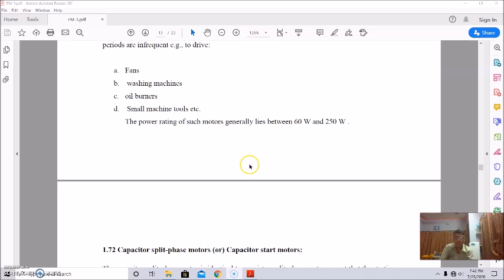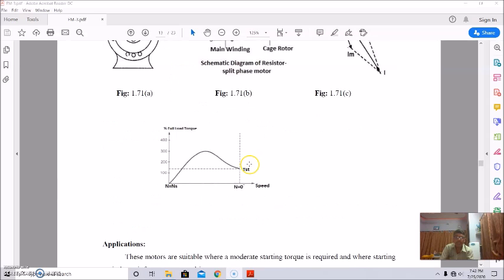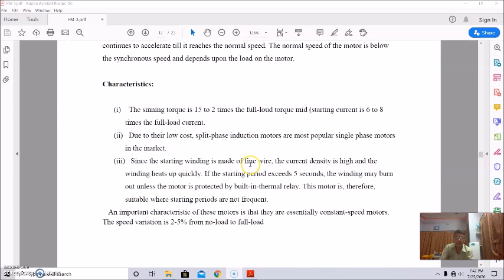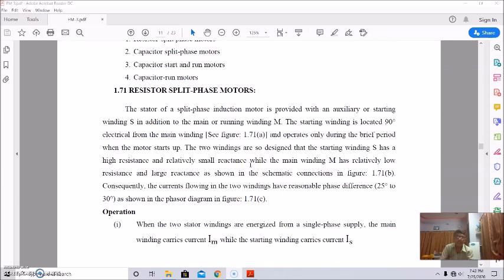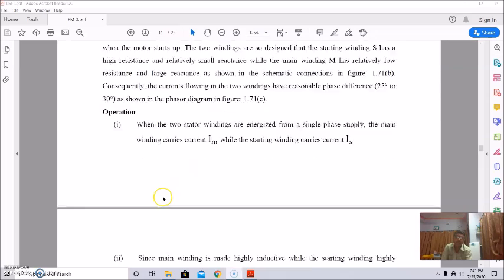Once again, I am repeating the entire thing for this resistance split phase motor. Basically, the stator of a split phase induction motor is provided with an auxiliary or starting winding S in addition to the main or running winding M. The starting winding is located 90 degrees electrical from the main winding, as shown in this figure.